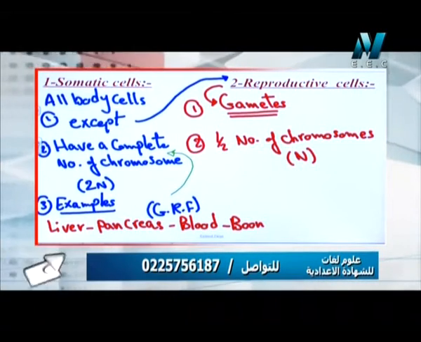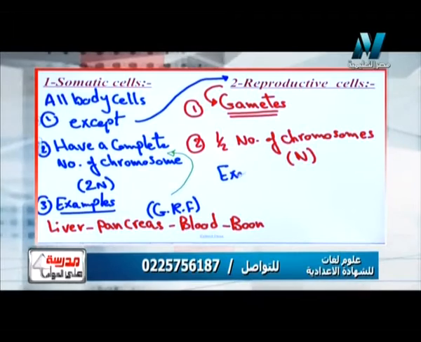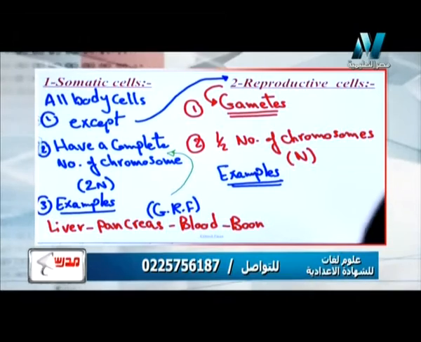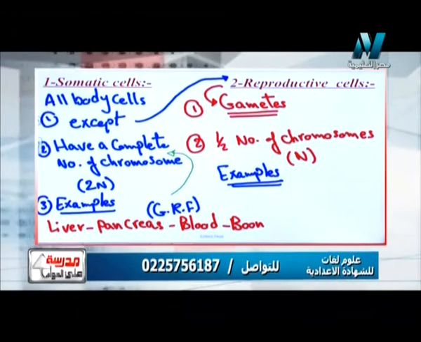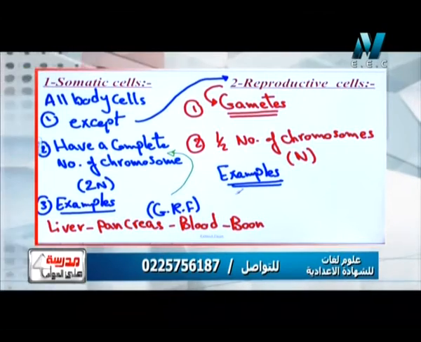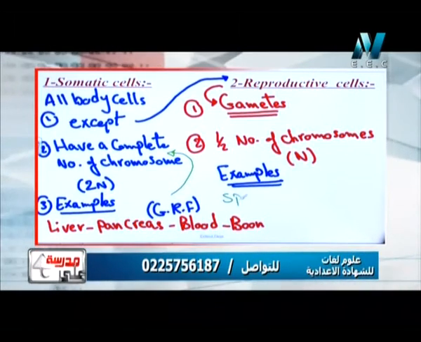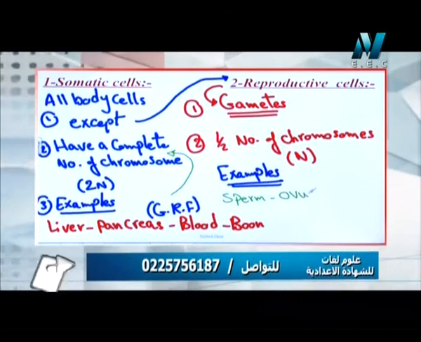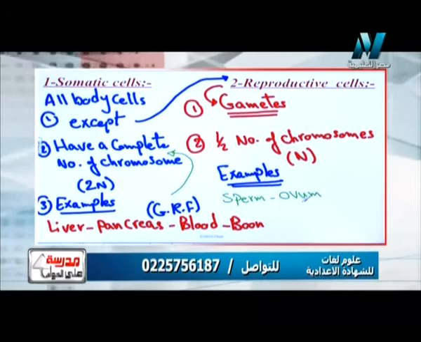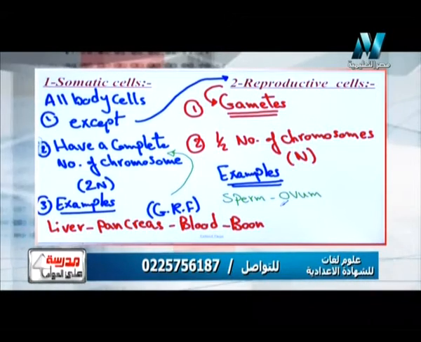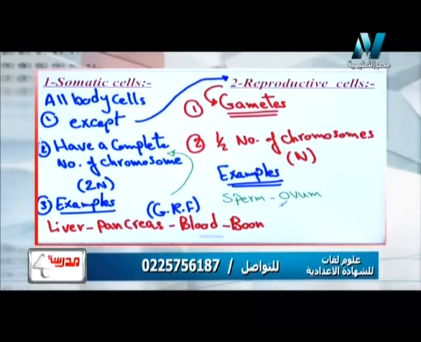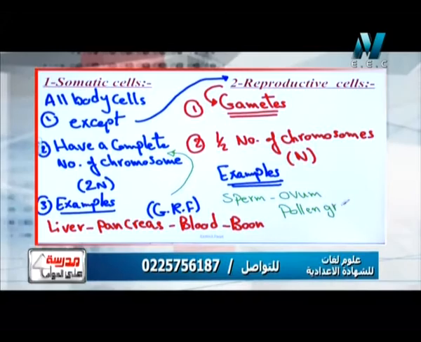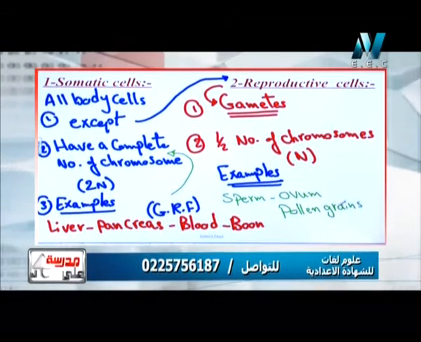Examples of the reproductive cells, as we studied before in second prep, in second term, are sperm, ova (the plural; the singular is ovum), and pollen grains in plants.